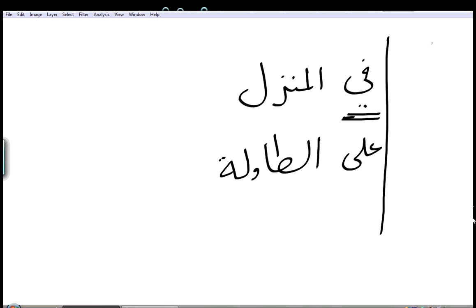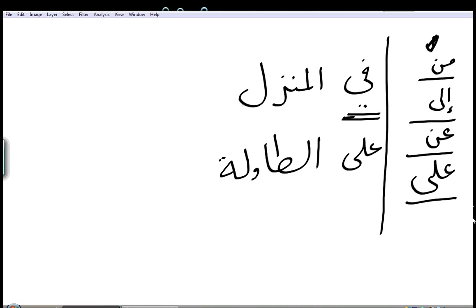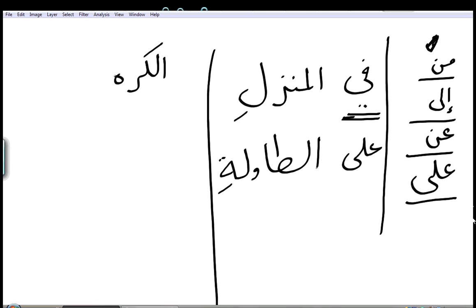We have what are called ahruf al-jar, which are min, ila, an, ala. These four words, anything that comes after them has to have kasra, or the equivalent for kasra. That's why in the other sentence, if I say al-kuratu fi al-manzili, I added kasra in this case.